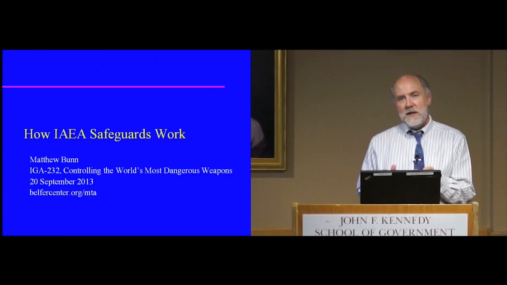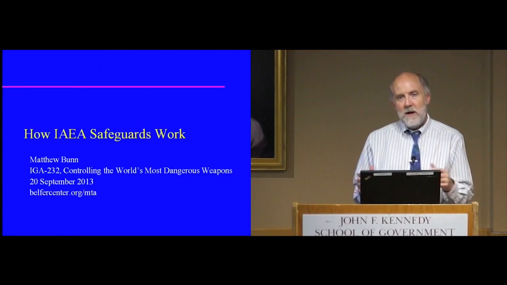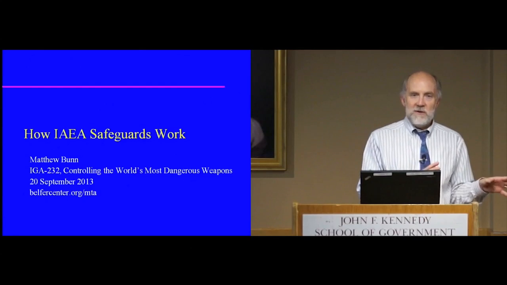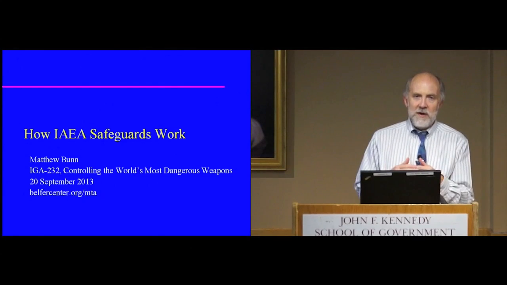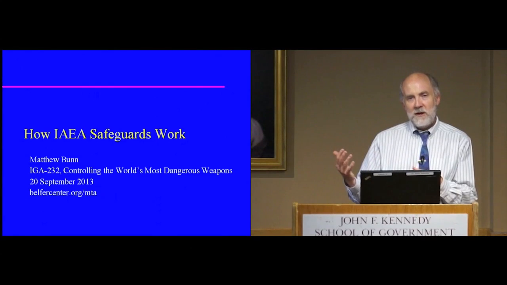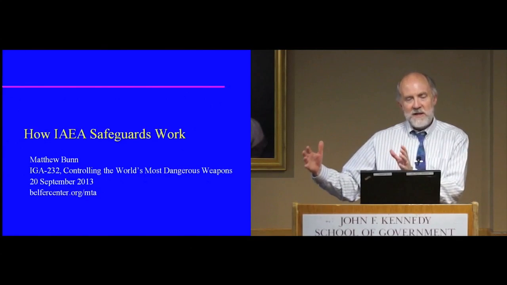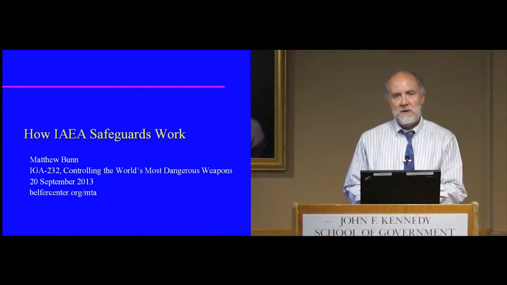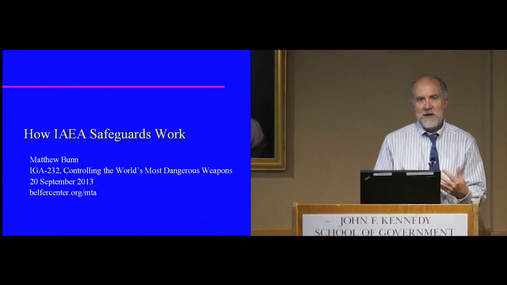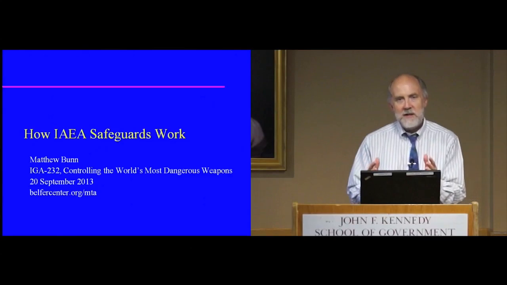The agency is an independent agency. It is affiliated with the UN system, but the head of the agency, the Director General, can only be hired and fired by the Board of Governors of the agency itself, not by the Secretary General of the United Nations or something like that. So it is to some extent independent.